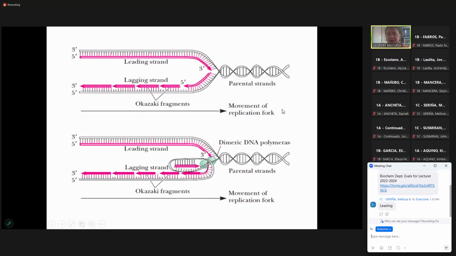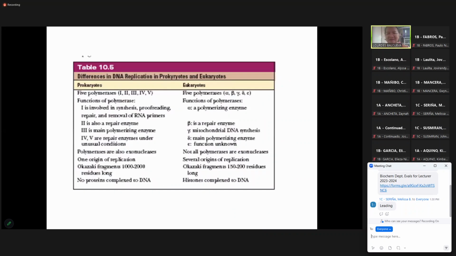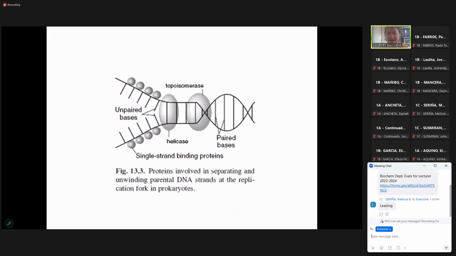That is your helicase. Oh, sorry. That is your isomerase. Isomerase, that's isomerase. Oh, I'm sorry. Topoisomerase. Here.